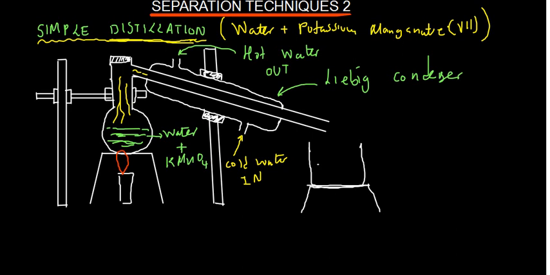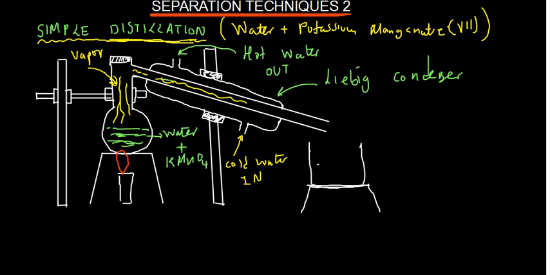Okay, so this liquid, when it reaches this point in this tube, will no longer be vapor. At this point, it is vapor. When it reaches there, it will no longer be vapor, because when you make vapor cold, it's going to turn into a liquid.